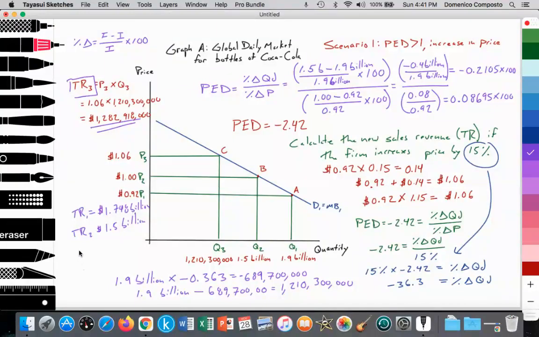And then we see it falling again. Total revenue 3 has now fallen to 1.282 billion. So again, as we increase price along an elastic demand curve, total revenue is falling. Not a good decision by Coca Cola if they were to do that.